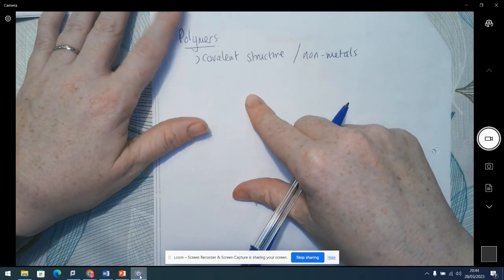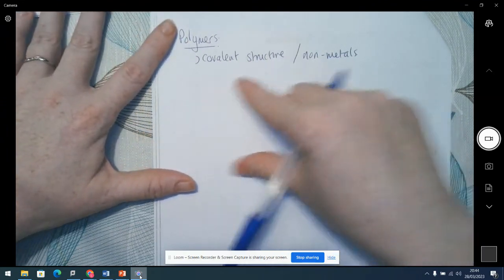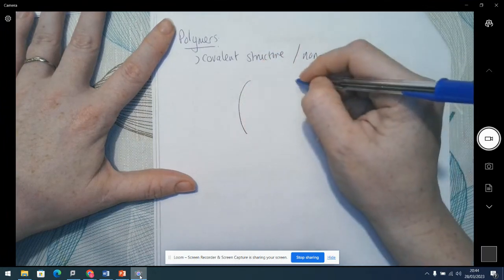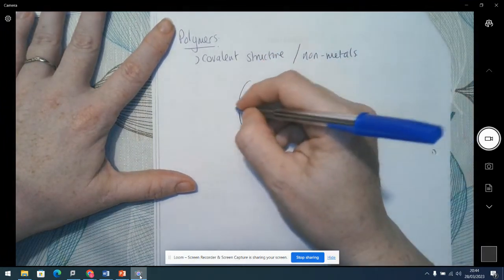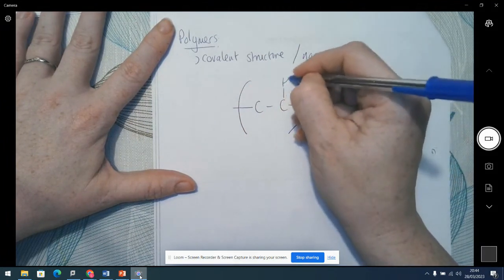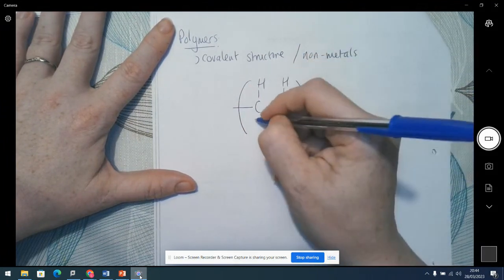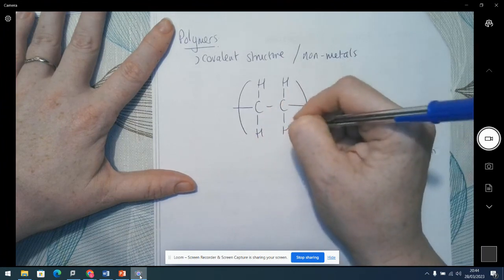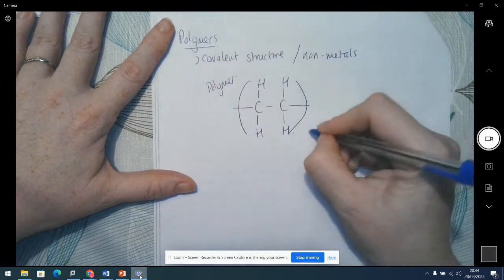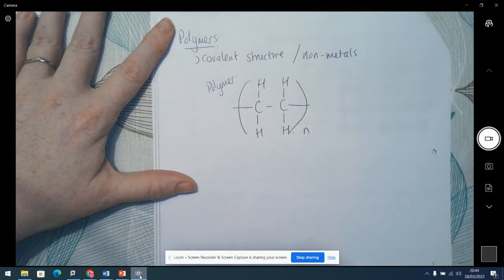You need to know a little bit about what a polymer looks like. So I'll draw what a polymer looks like. Polymers will often have brackets, and then you will find something that looks a little like this. Okay, so this is a diagram of a polymer, and it has this structure here.